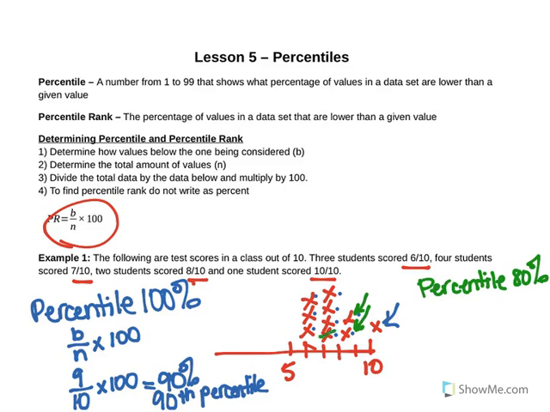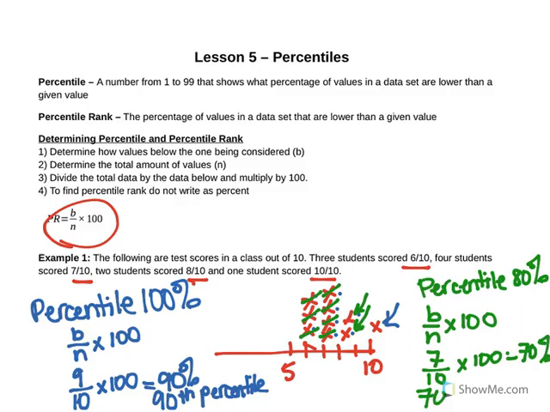So we would just count 1, 2, 3, 4, 5, 6, 7. So I have B divided by N times 100. Our 7 is our below us. The 10 is still the total. And we times by 100. And you would get 70%, which means you're in the 70th percentile.